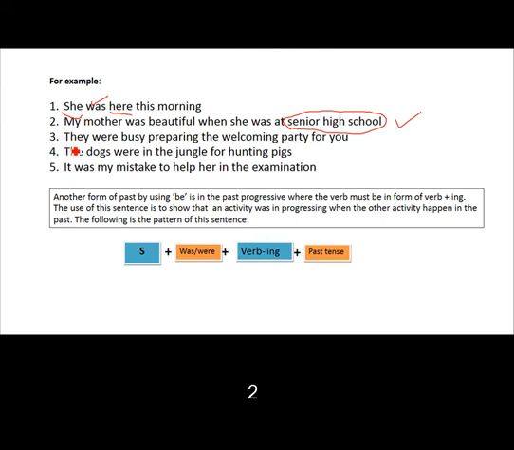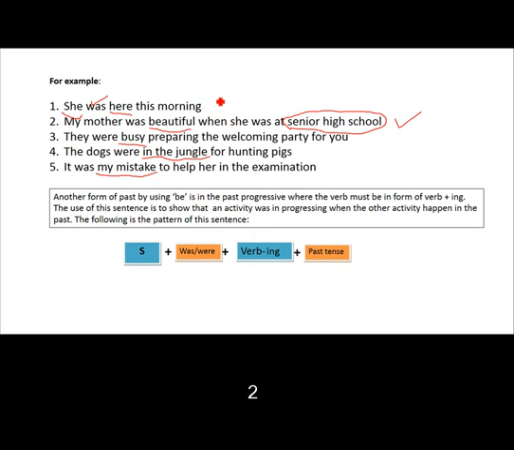And third, they were busy preparing the welcoming party for you. Busy is adjective. Beautiful is also adjective. The dogs were in the jungle for hunting pigs. In the jungle, this is adverb of place. It was my mistake to help her in the examination. My mistake is a noun.